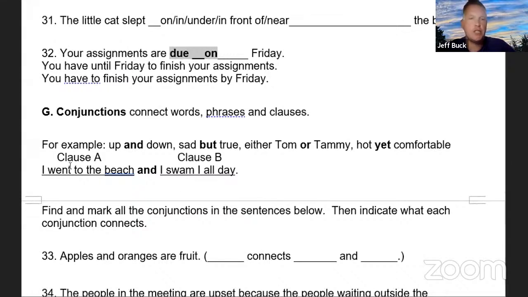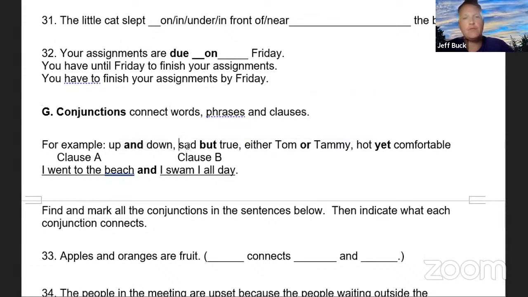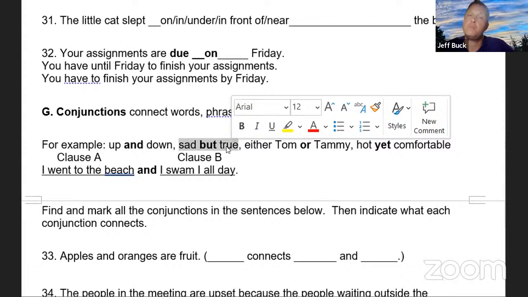All right, conjunctions. Conjunction, junction, what's your function? It's an old song, a kid's grammar song. They connect words, phrases, and clauses. For example, up and down: "and" connects up with down. Sad but true: "but" connects sad with true.